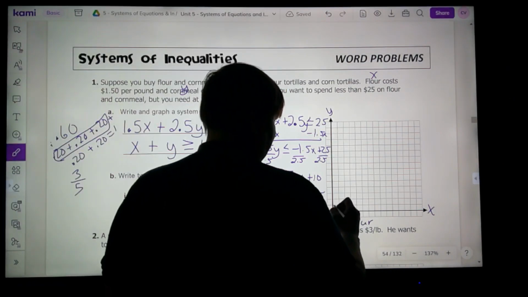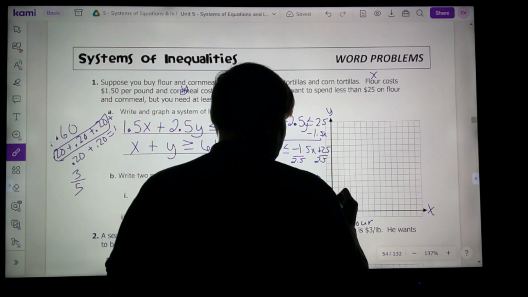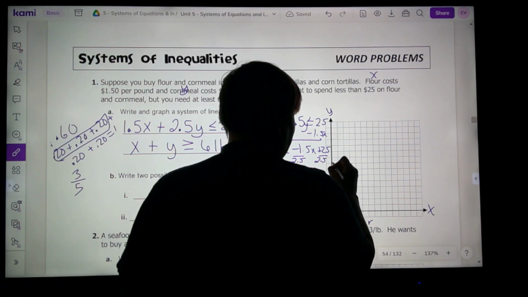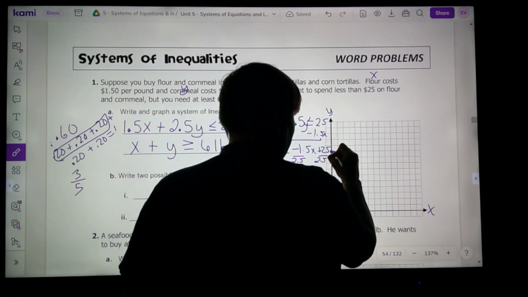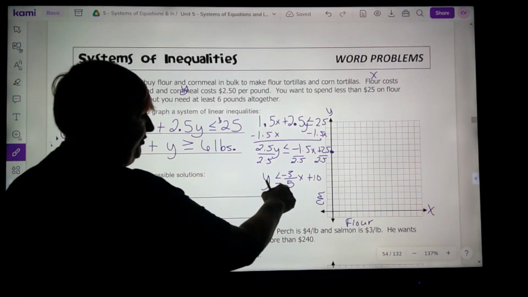All right, so positive 10 is our first point. 1, 2, 3, 4, 5, 6, 7, 8, 9, 10. That is our first point. Down 3, right 5.